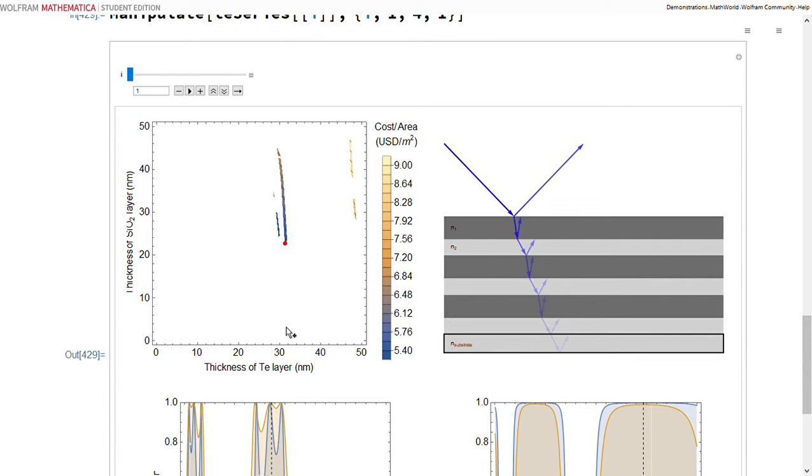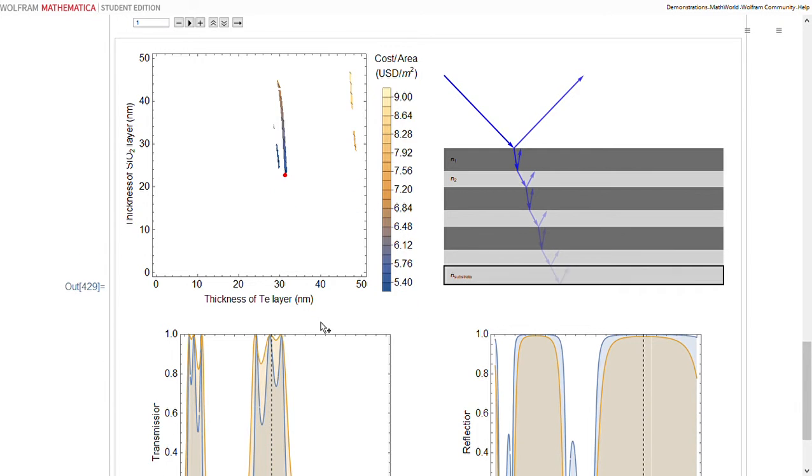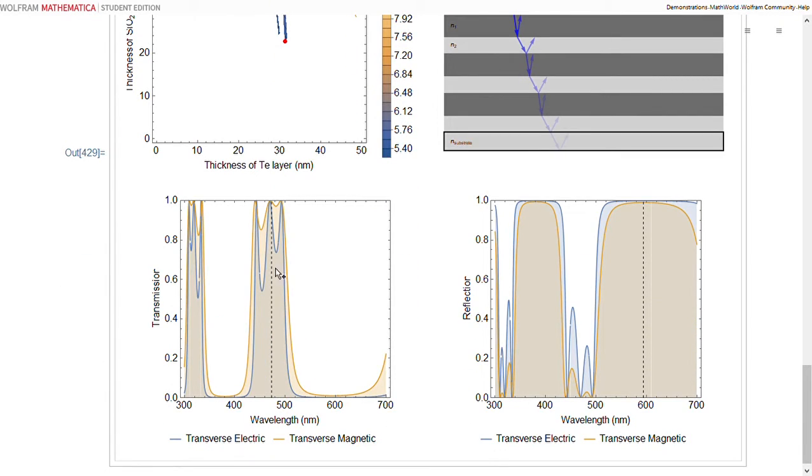You can see it's about 30 and 24 nanometer thicknesses, and the dashed line here is 473 nanometers, so that's the transmission condition, and here is 594 nanometers, the reflection condition. You can see that they have high transmission, high reflection at these two wavelength values, exactly as desired.